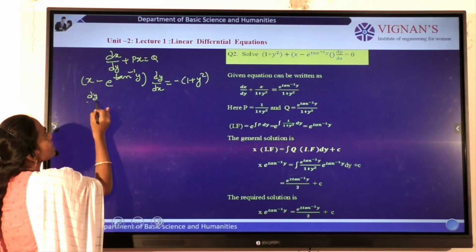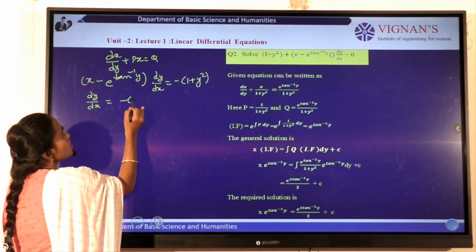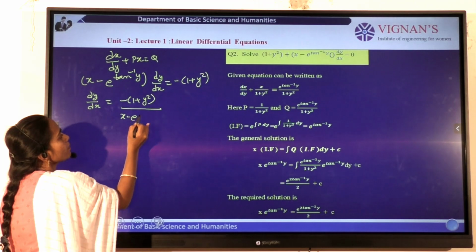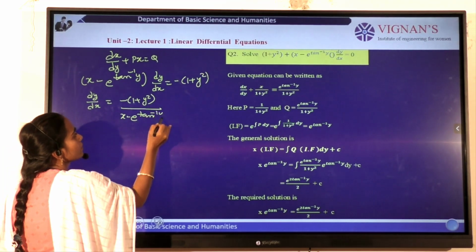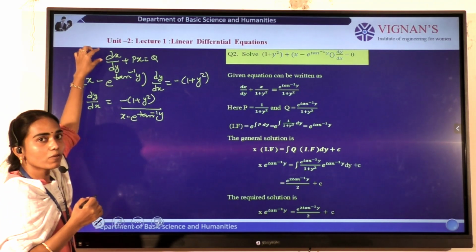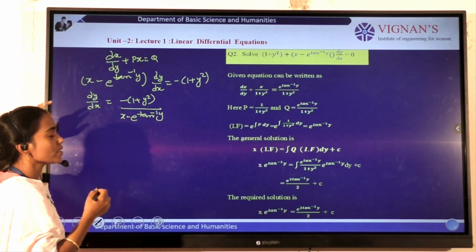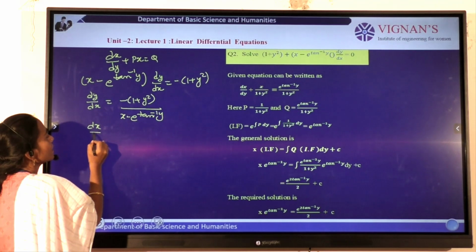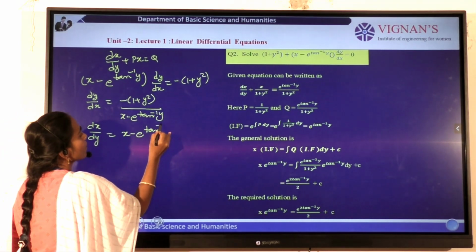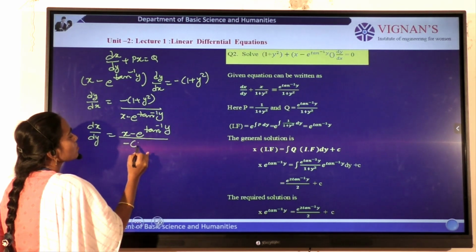Then dy by dx becomes minus of 1 plus y square divided by x minus e power tan inverse y. Now we have to bring this into the general form dx by dy. Reversing the fraction, dx by dy becomes x minus e power tan inverse y by minus 1 plus y square.